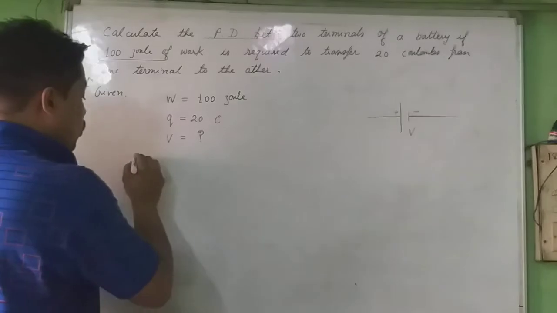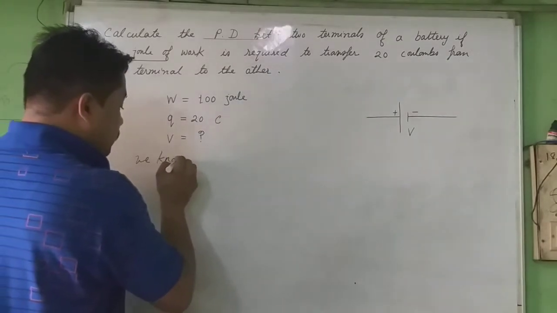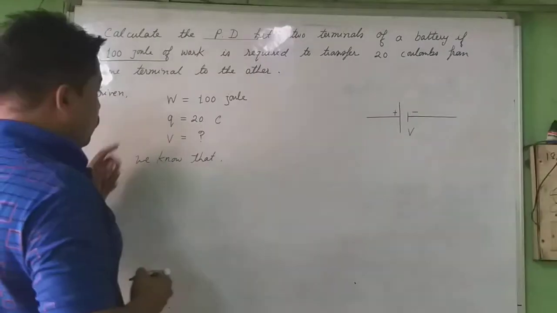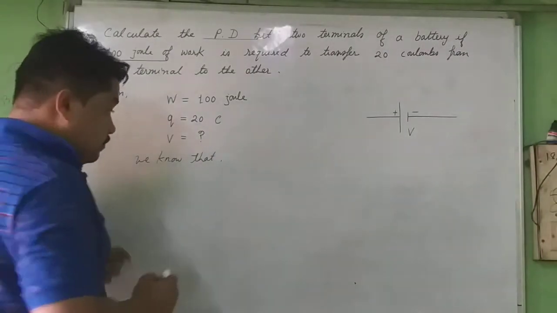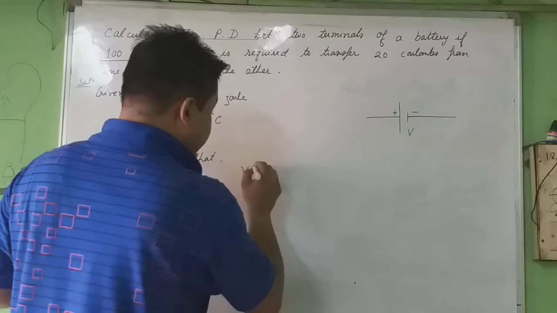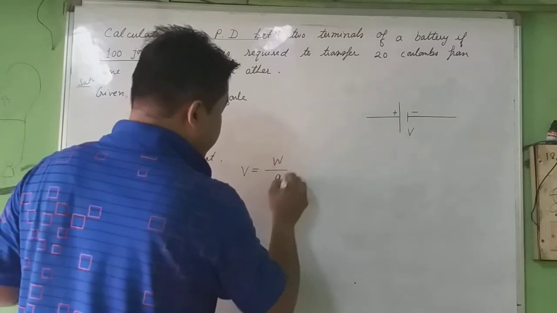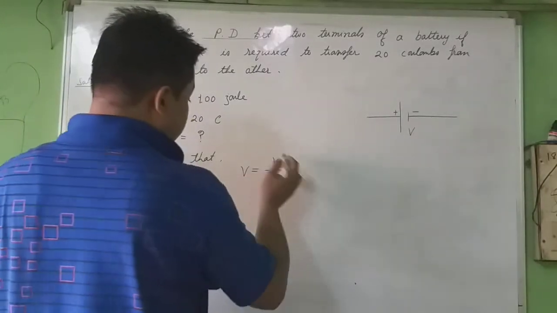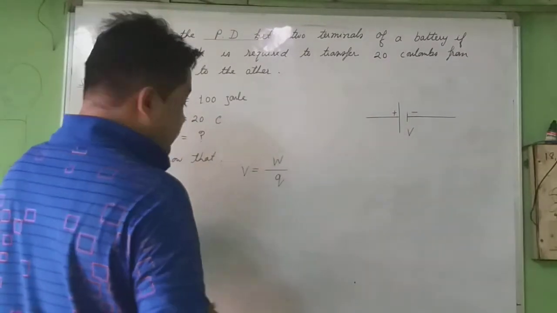Okay, we know that, what is the relation between V, work done and charge? We know that potential is equal to work done divided by charge. Okay, this is the relation between potential, work done and charge.